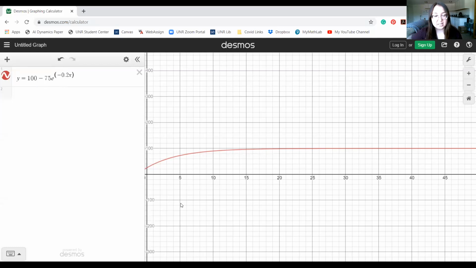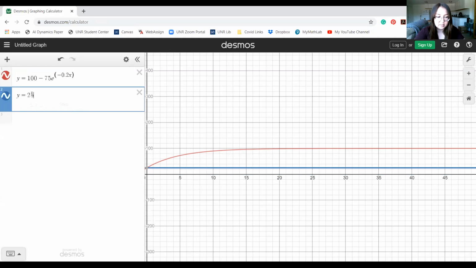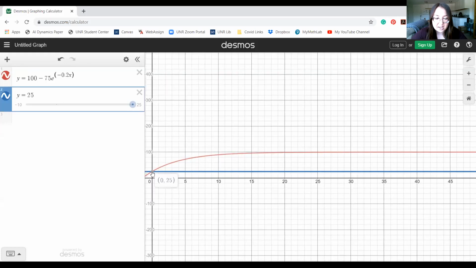We see that at x equals 0, y equals 25, since that was our initial value. That is our y-intercept at 25.